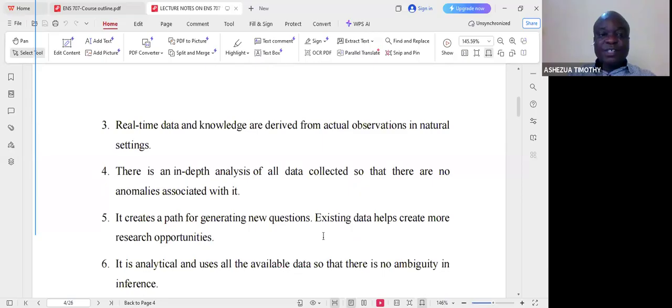Fifth, it creates a path for generating new questions. Existing data helps create more research opportunities. I give you an example quickly to drive my point home. The research you carry out, maybe you collected data in a particular direction. At the end of the day, there's no research that is entirely 100% perfect.